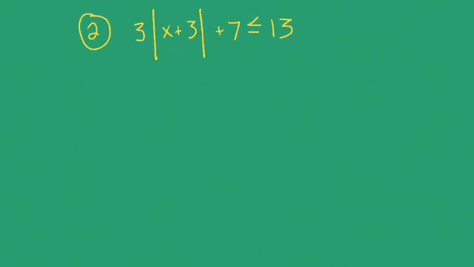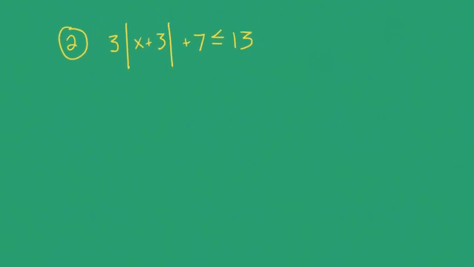Okay, number 2. 3 times the absolute value of x plus 3, plus 7, is less than or equal to 13. Any of these ones with the absolute value symbols, we're going to get the absolute value by itself.